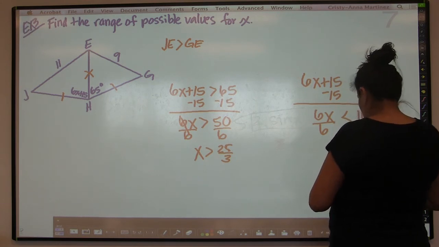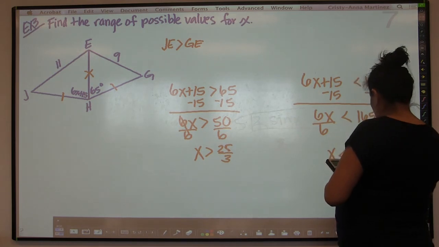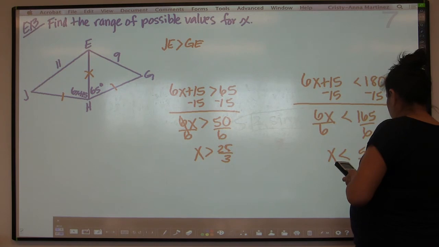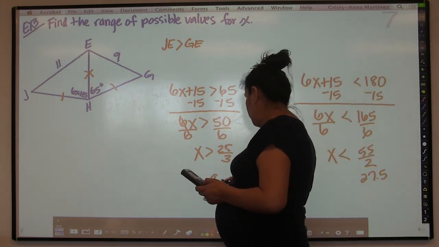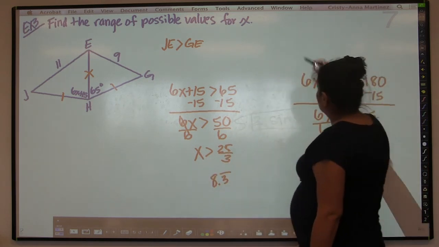So 165 divided by 6 is 55 halves, or basically 27.5. And over here we get 8 1/3, or basically 8.33333 repeating. So to write our final answer, we just write it as a range.